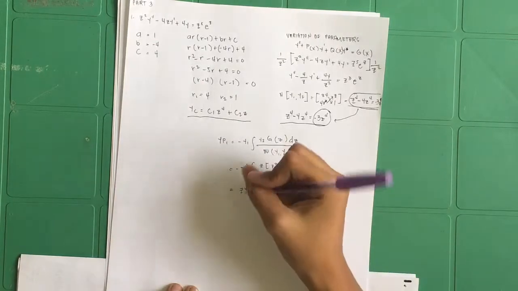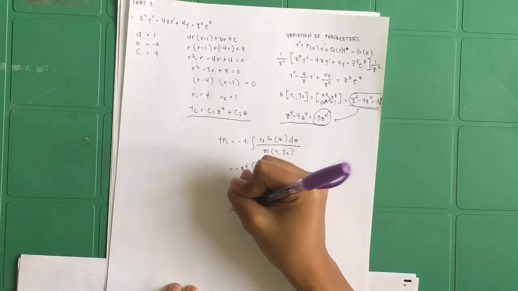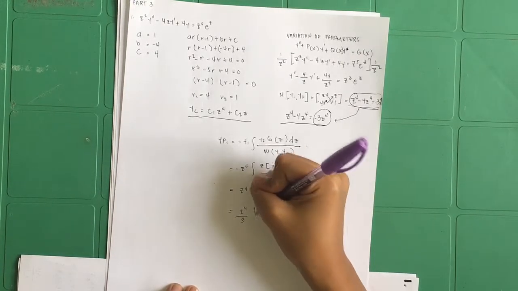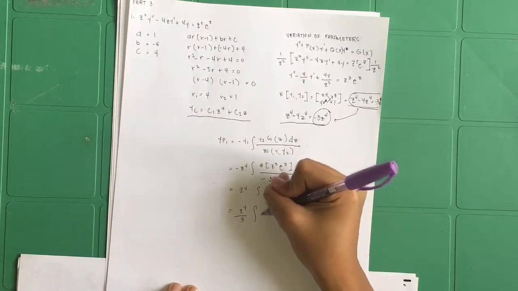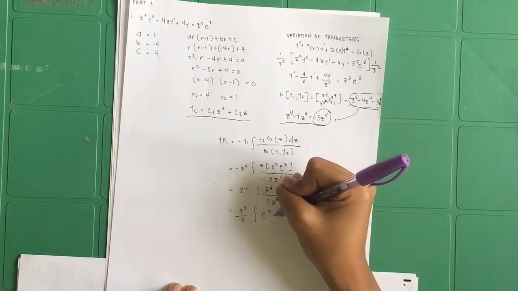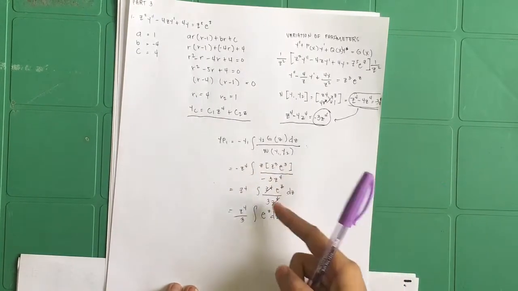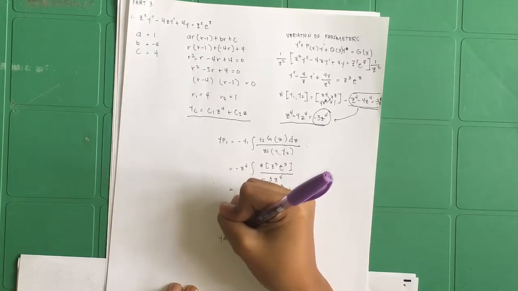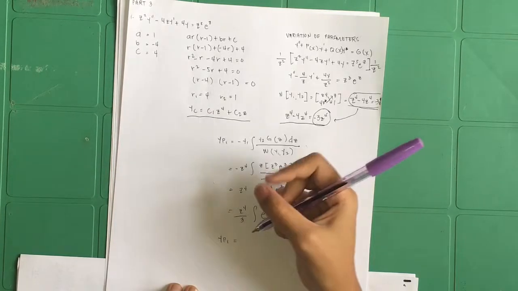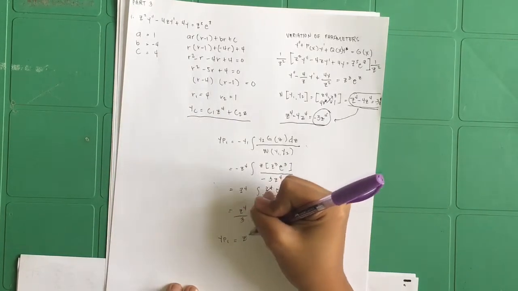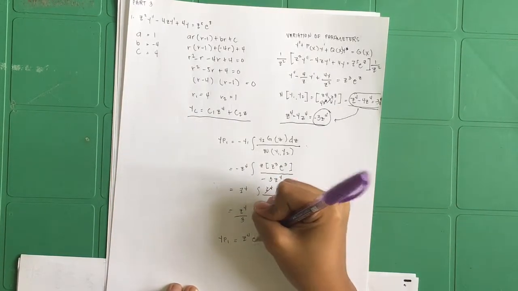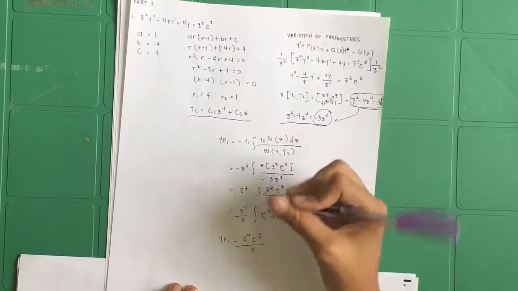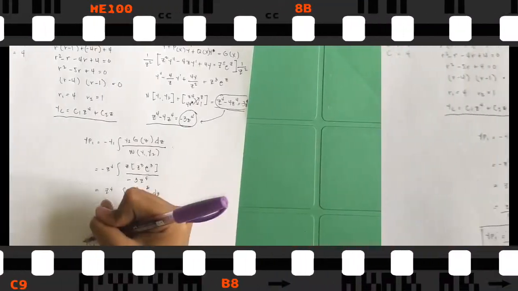Then z raised to 4 over 3, and now we get the integral of e raised to z dz. So therefore yp1 is equal to z raised to 4 e raised to z over 3. This will be the yp1.